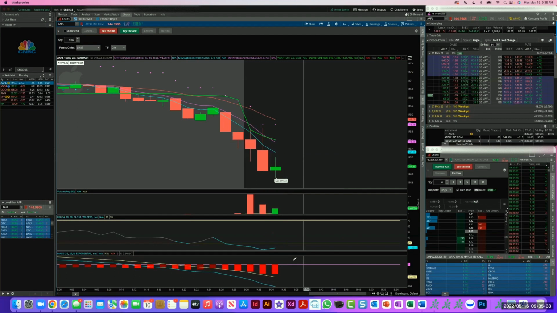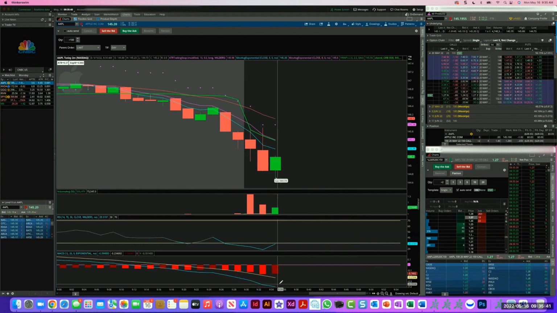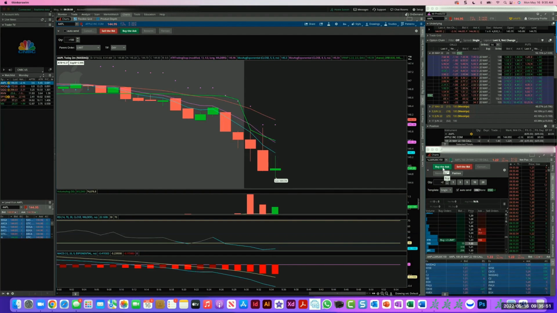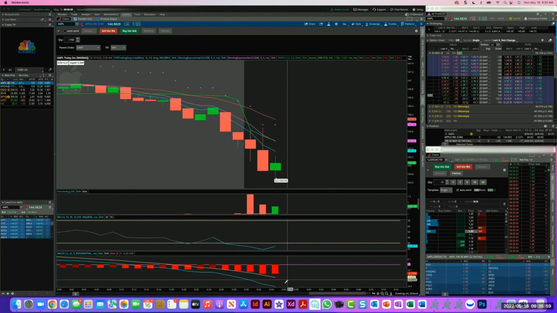So we still don't have a reversal signal. What I'm going to do when I get the reversal, I'm simply going to add to my current Apple trade. And what I'm looking for is, again, I'm looking for the MACD to turn up.